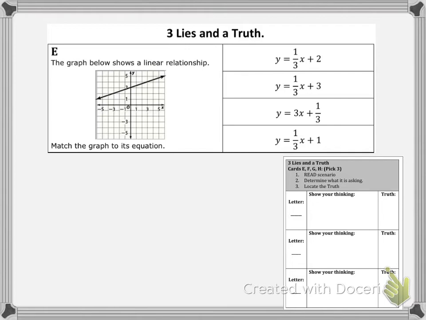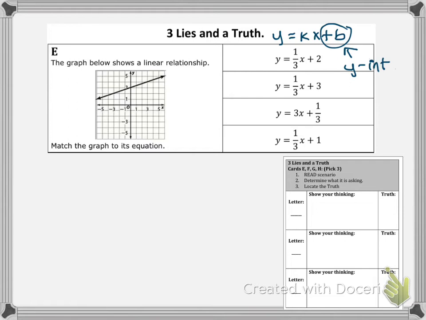Anytime that I see a plus, let me move that over a little bit. A plus right here means that we're working with the equation y equals kx plus b, where the plus b is your y-intercept. So that's where the line crosses the y-axis.